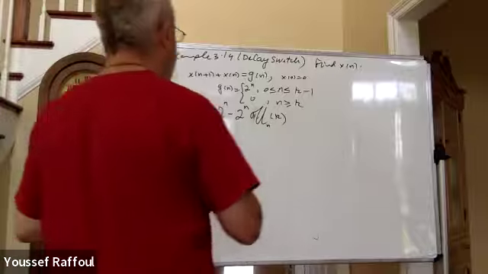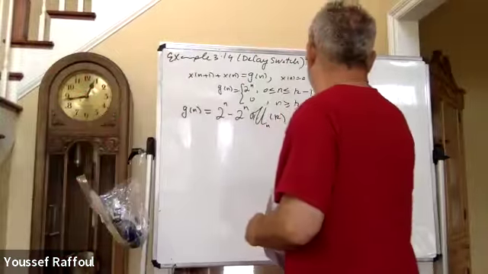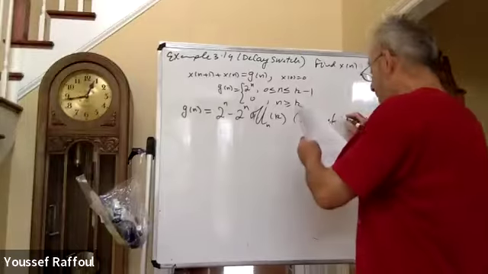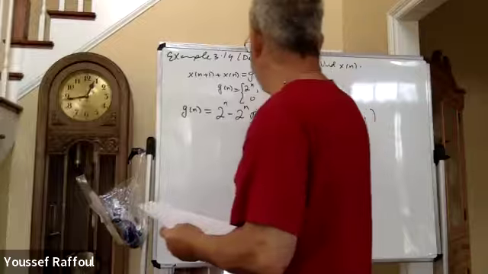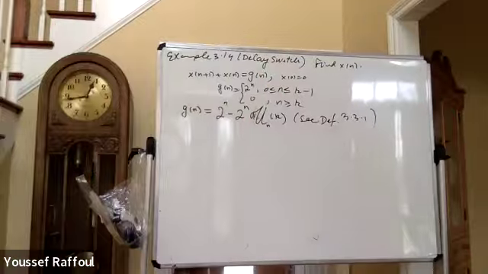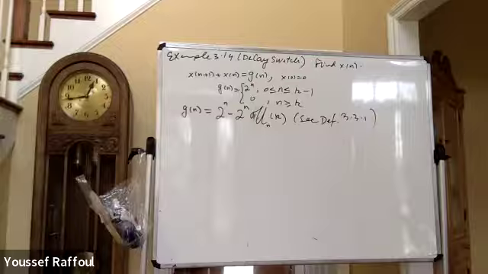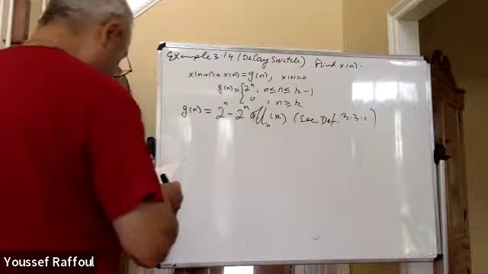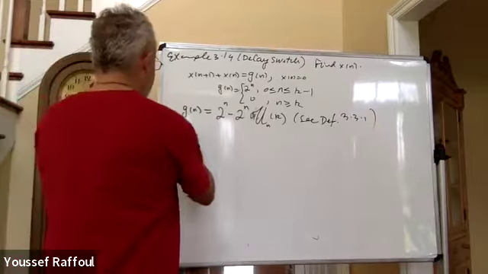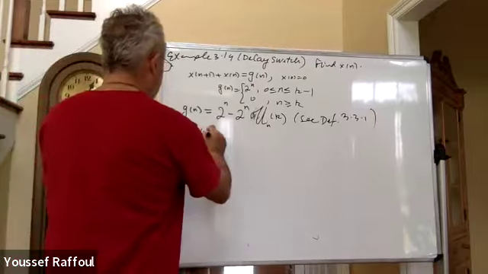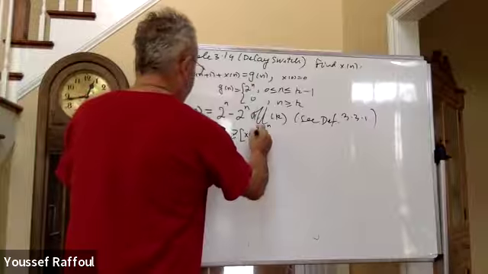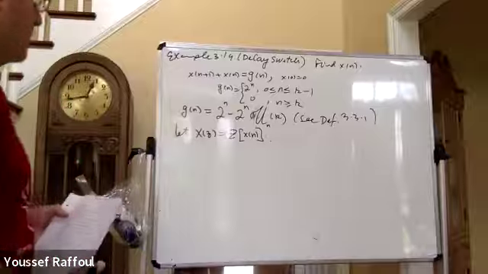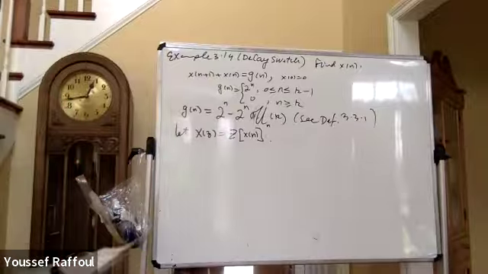So see definition 3.3.1 for that. Okay? So we're going to let X(z) equal Z of x(n). Okay?